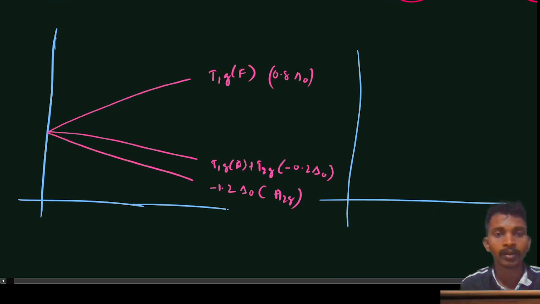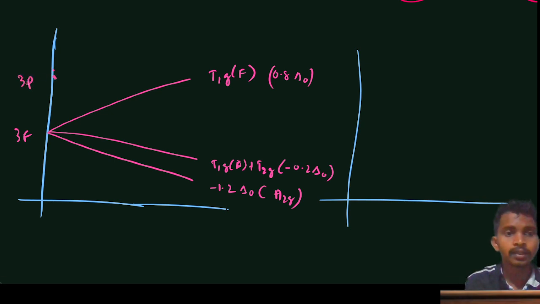Yes, these are the values. So this is the ground state, and for the excited state I will draw from here, because here both ground state and excited state are there.